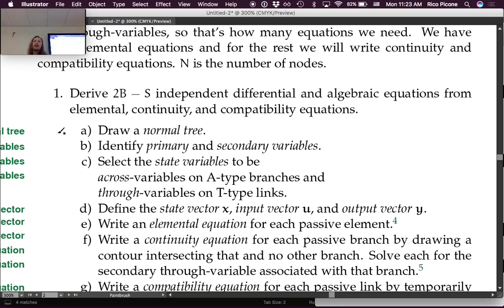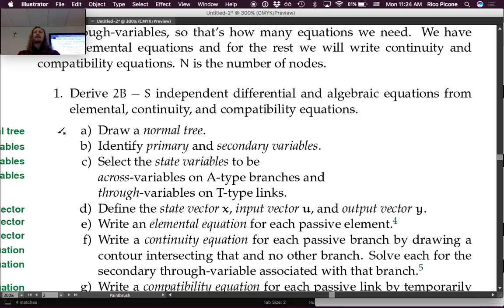So essentially write elemental equations, continuity equations, and compatibility equations. This procedure is going to help us to just write down the correct ones that are going to help us get to the end effectively and not lose our way. So the first step is to draw a normal tree. Last lecture we learned how to do that.